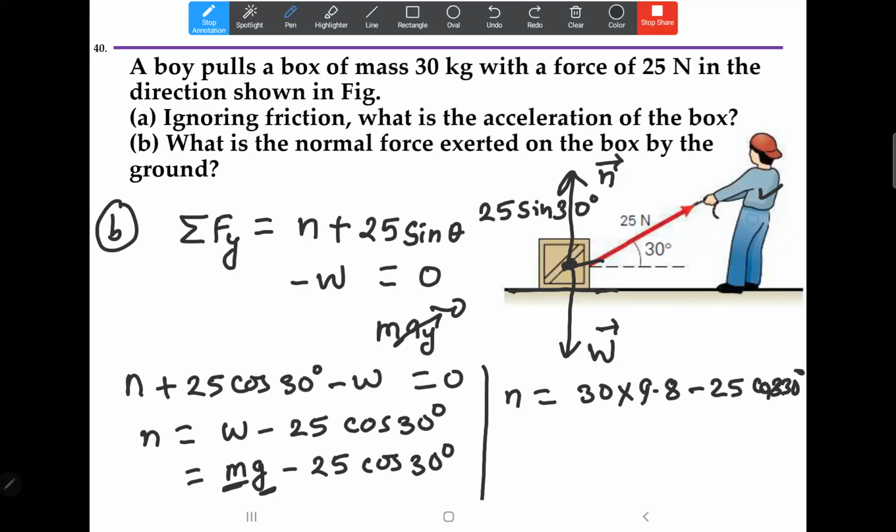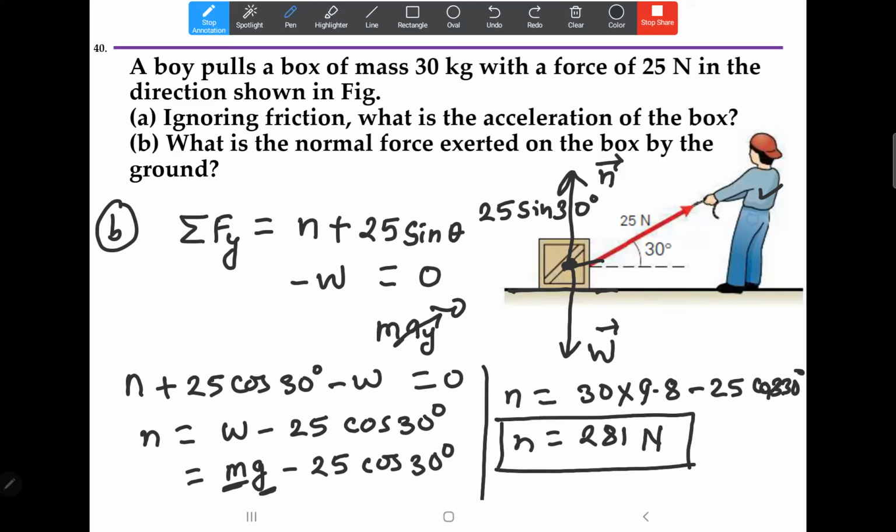If you calculate this value, you will get something like 281 newton.